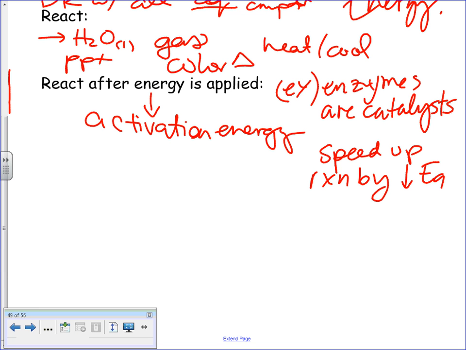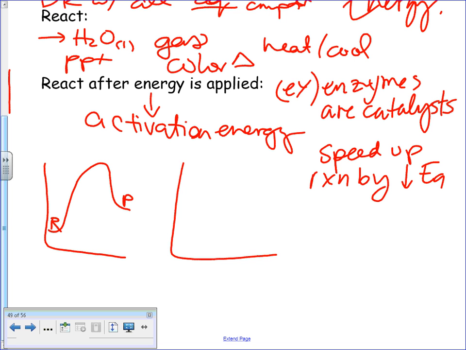That's how they work. Who has ever seen something like this, a graph like that? Maybe. It's basically reactants going to products, and I can draw it the opposite way too. I can draw it like this. Reactants going to products.